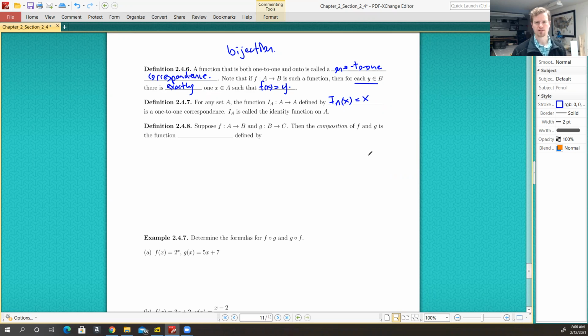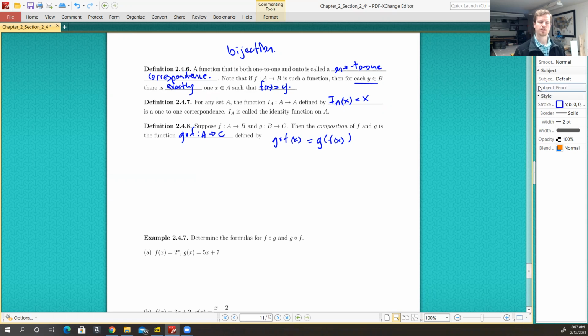The composition of the functions f and g is the function we're going to write as g composed with f, and it goes from A all the way to C. So when we compose them, we're skipping over the set B. And the composition is defined by g composed with f of x is g of f of x. Okay. So this is the definition of composition.